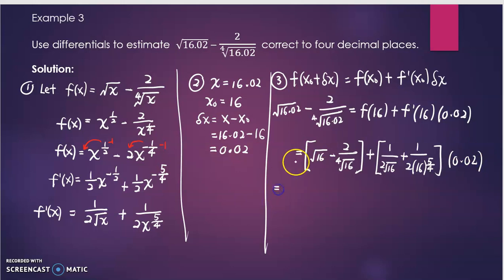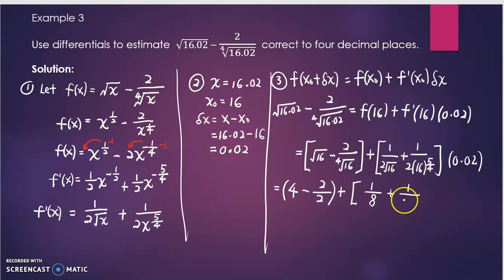So next, square root of 16 is 4, minus 2 over the fourth root of 16, which is 2. So this is the first part, plus, so the second part here is 1 over, so this is 2 times square root of 16, square root of 16 is 4, 4 times 2 is 8, plus 1 over 16 power of 5 over 4. You can use your calculator, which is equal to 32, multiply with 2.